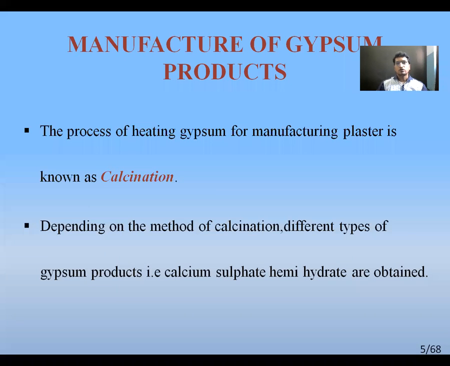Calcination means we heat gypsum to get different products. Depending on the method of calcination, meaning which type of heat we apply, we get different plasters.